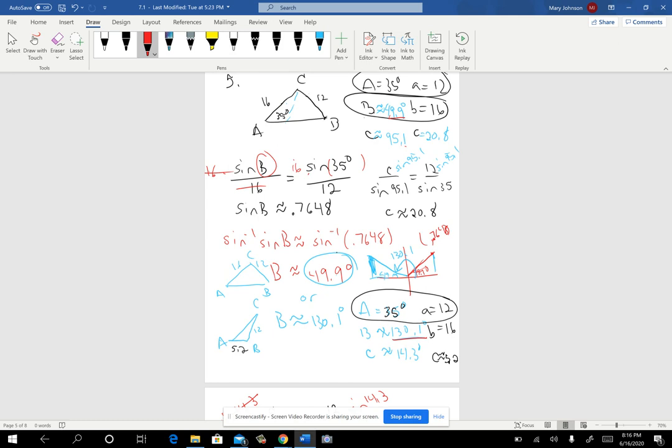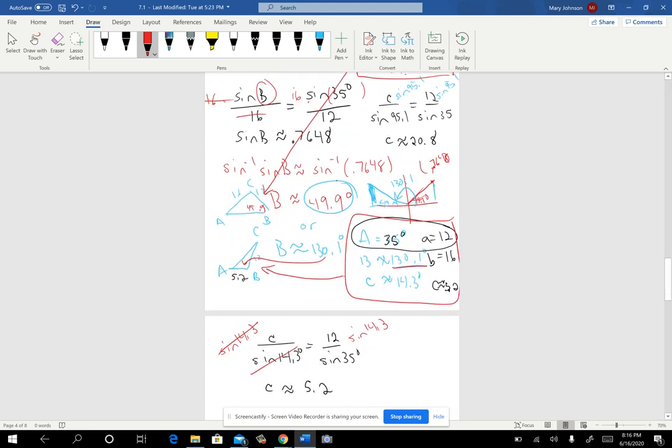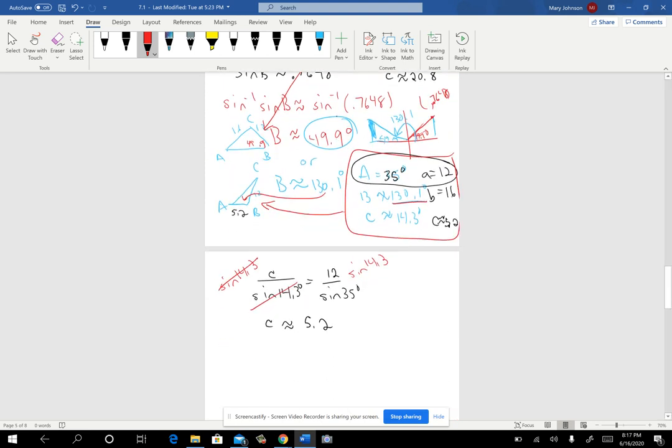So here's one full solution to one of the triangles, and it's this guy. And then here's the other full solution, and that goes with this triangle. That was when B was 49.9, where here the B was the 130.1.